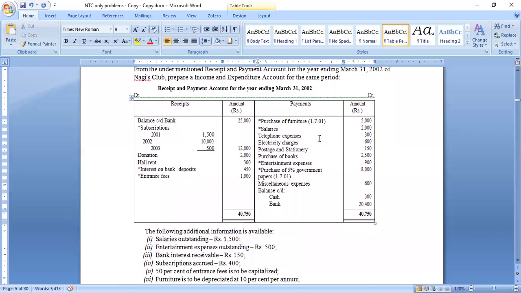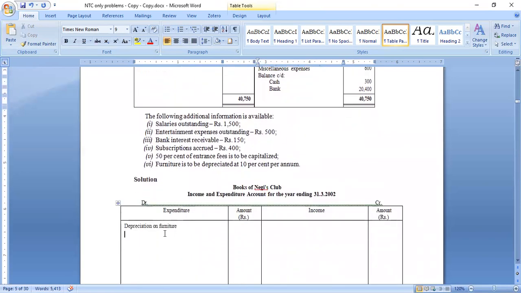In the sense, this club used this furniture for 9 months. So 5000 into 10% is equal to 500, divided by 12, and we have to consider only 9 months.